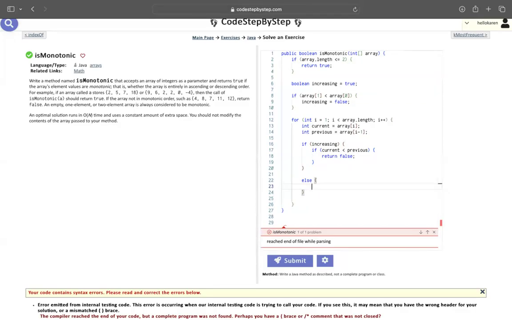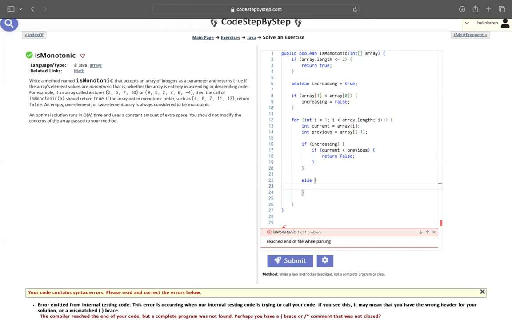So now that we know we're looking for a decreasing trend, what should we ask about our current and previous values? Shouldn't it just be if current is greater than, or if current is... You remember, you can check for whatever you want.